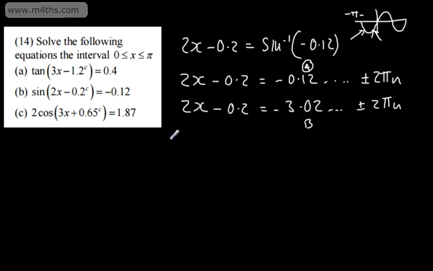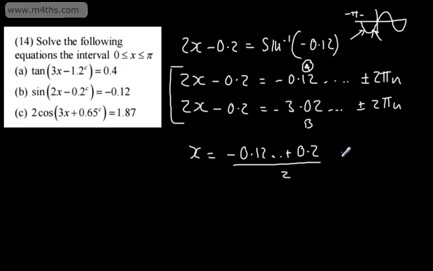At this stage, what I'm going to do is just show this as my working. The next thing I'm going to do is say that x is equal to the negative 0.12 ... plus 0.2 divided by 2 plus or minus multiples of 1 pi.